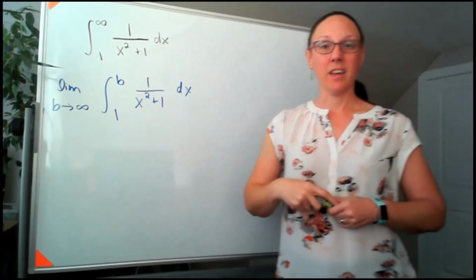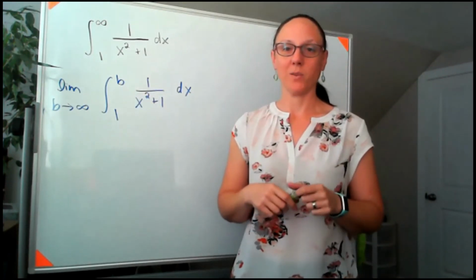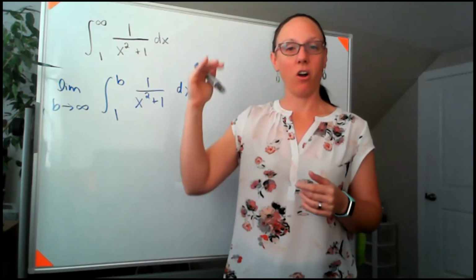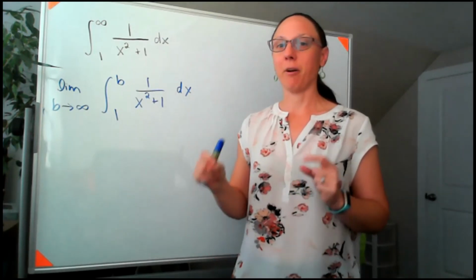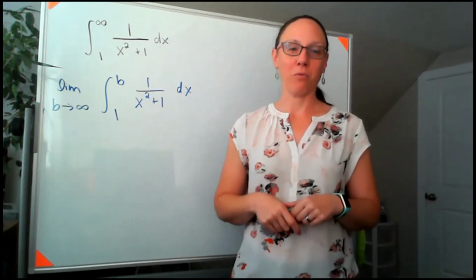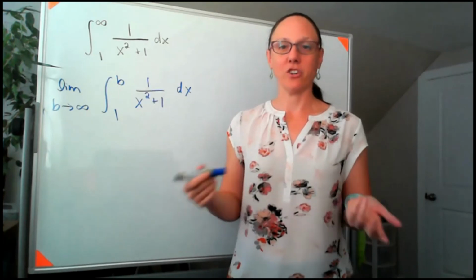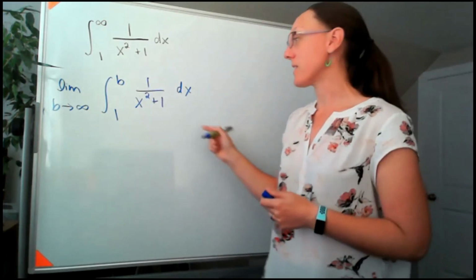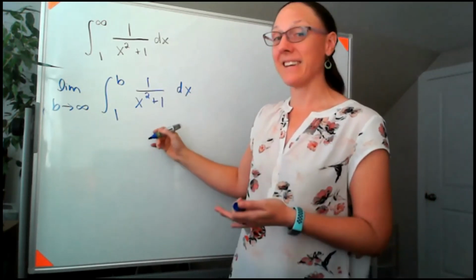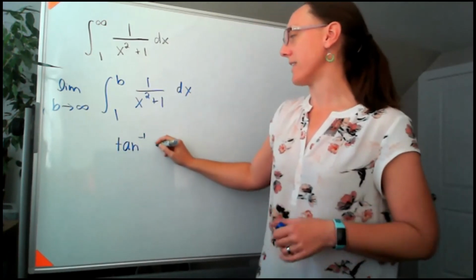My next thing, I need to find the antiderivative of 1 over x squared plus 1. And this is where having all of those antiderivatives from page 345 memorized is going to be helpful. So this is the derivative of arctangent of x, which means my antiderivative of this is going to be tan inverse or arctan of x.